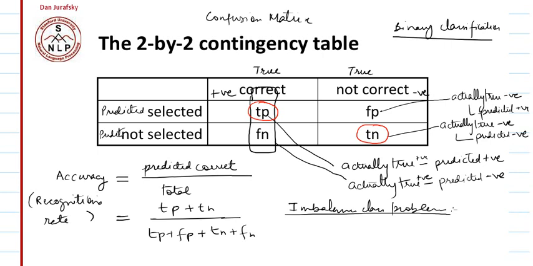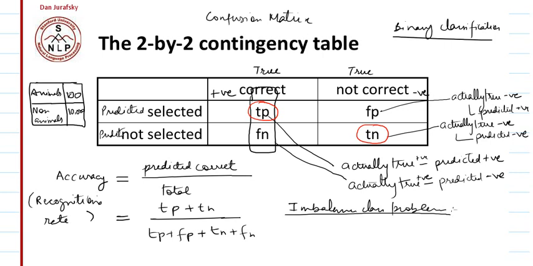So suppose in our data set we have a very small number of animals and a very large number of non-animal images. Suppose the large number is say 10,000, and animals is only 10, or say 100.